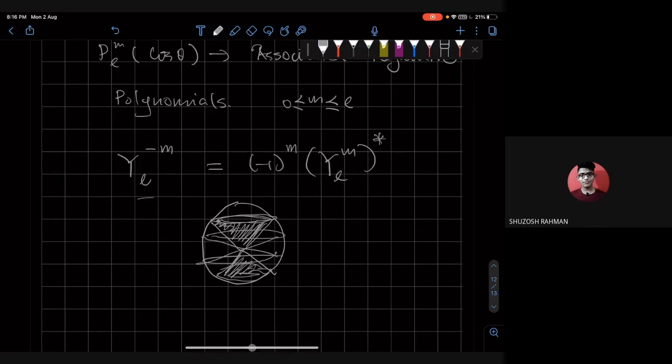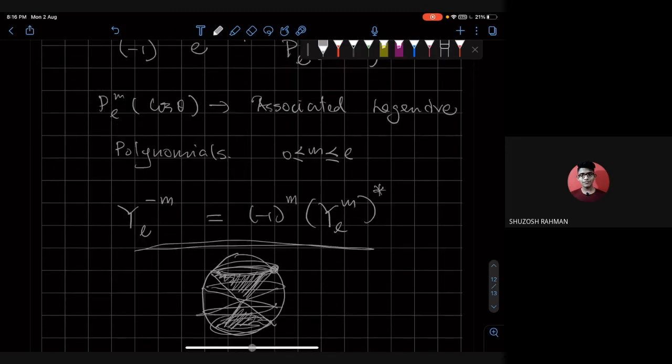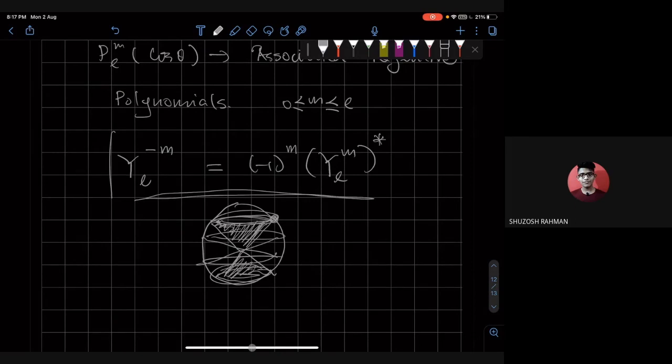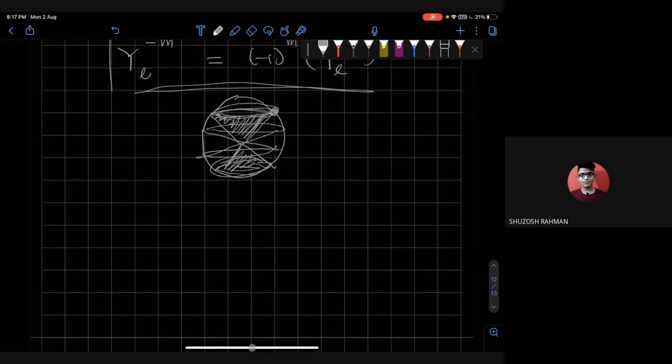So this is also saying that we are actually doing a parity. We are doing an antipodal projection. So these points are going to their antipodal points. And it's given by this. And the other thing is that P_L^0 of cosine theta is known as P_L of cosine theta. And these are the Legendre polynomials.